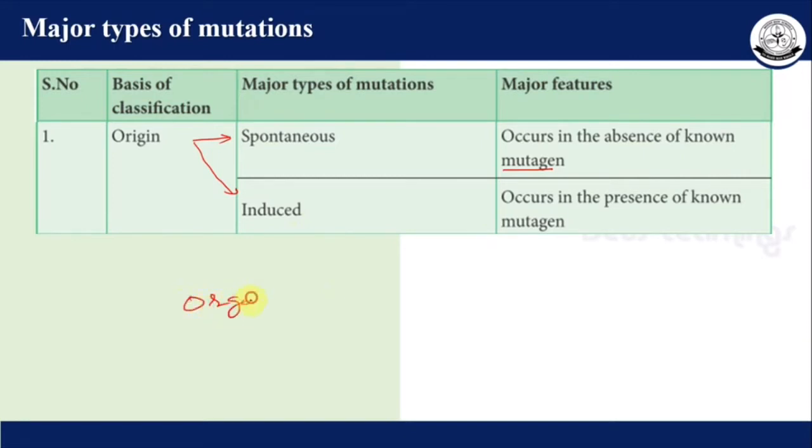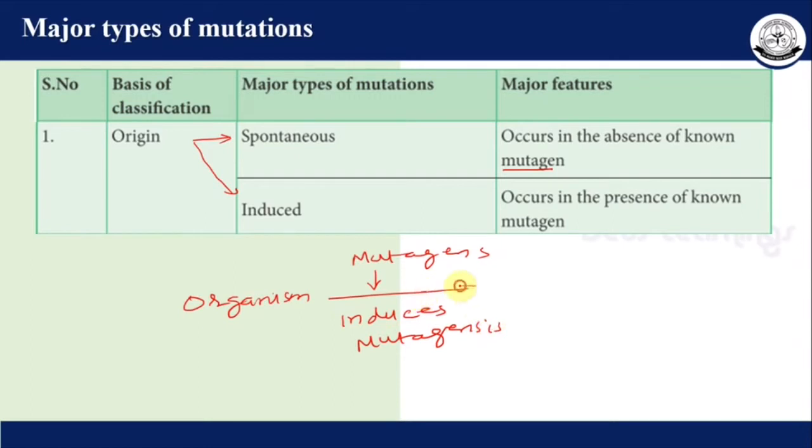So there is an organism, and then we have mutagens that induce mutagenesis, and these organisms become mutants. Right? This is induced mutation.